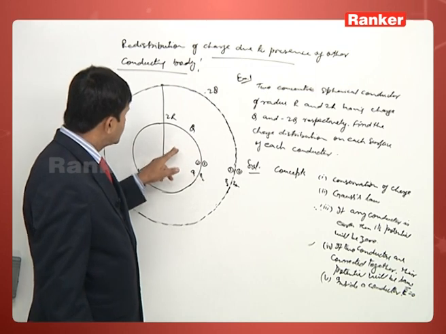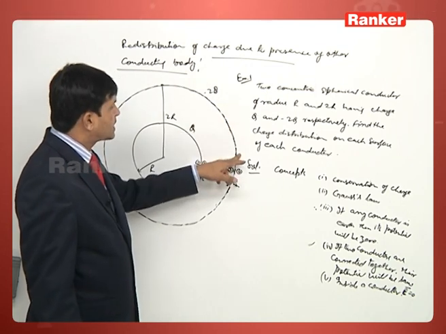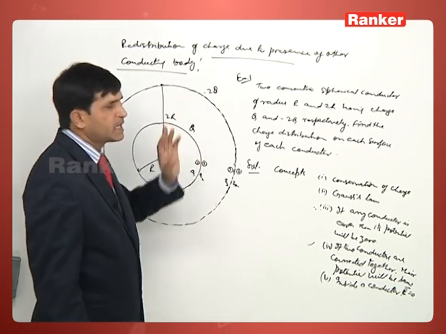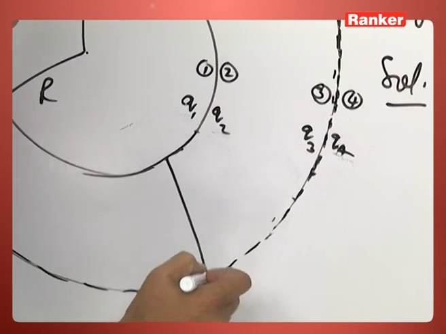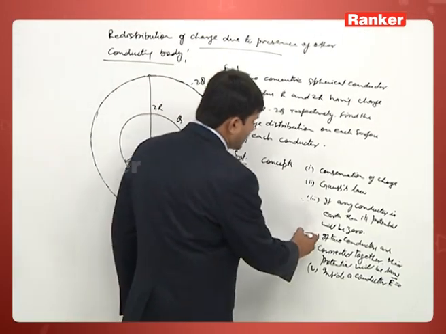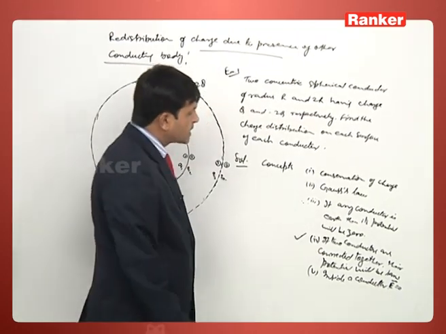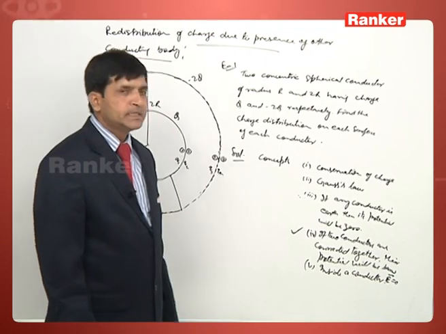This is your spherical conductor of radius R, charge Q. It is another spherical conductor of radius 2R, charge minus 2Q. Now we are only joining these two. So here we will use this principle: if two conductors are connected together, their potential will be the same.